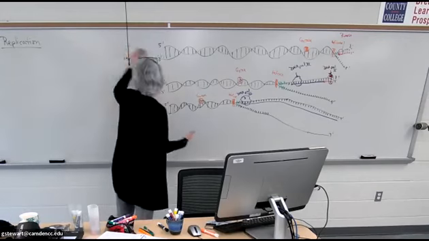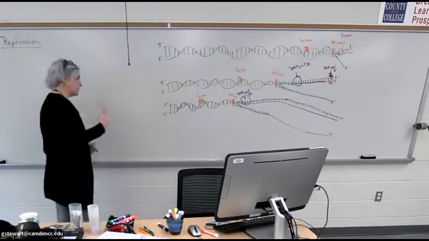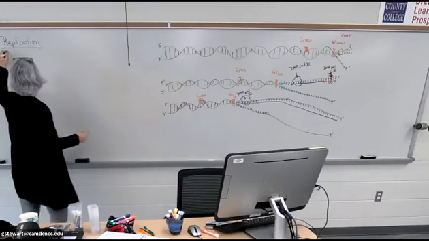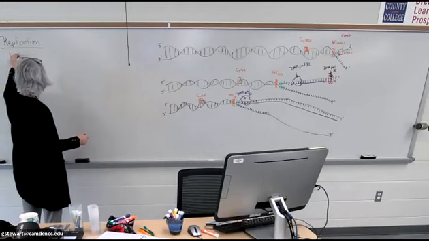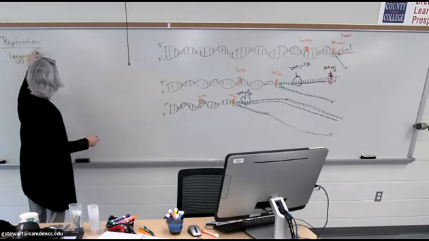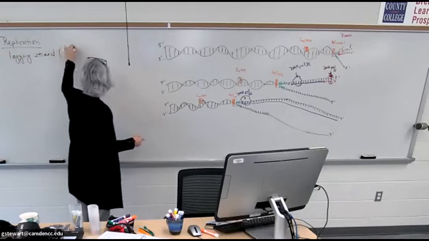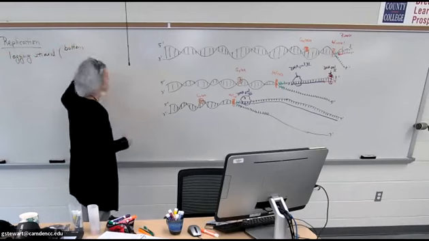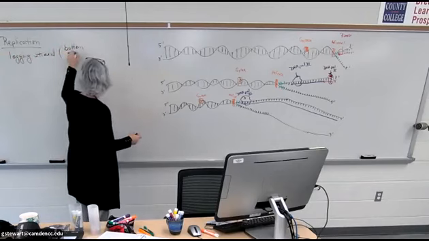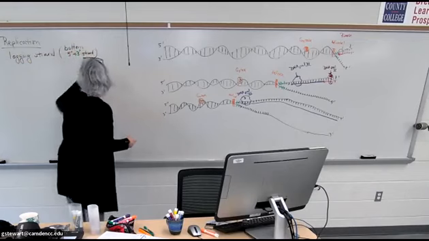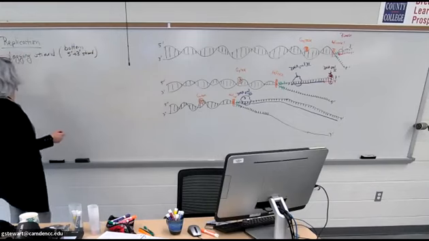Plus, it's good for you to write everything again, because the more times you write it, the more likely you are to remember it. So I'm going to label this lagging strand. And for your reference, the bottom one in our picture, the 5' to 3' strand, to help you remember.